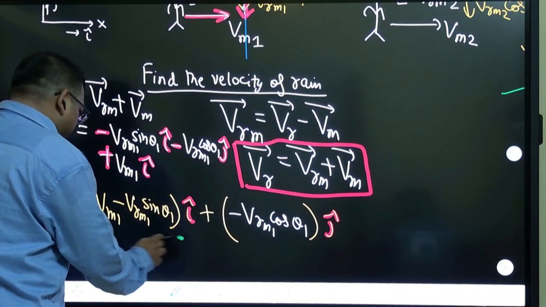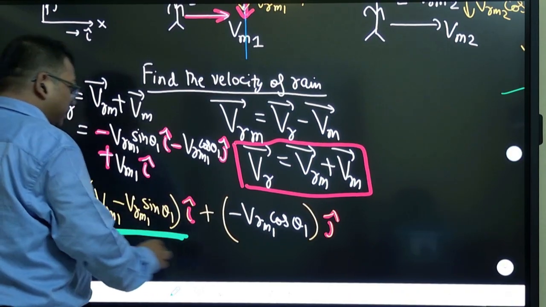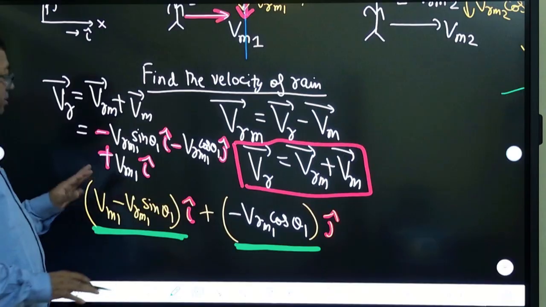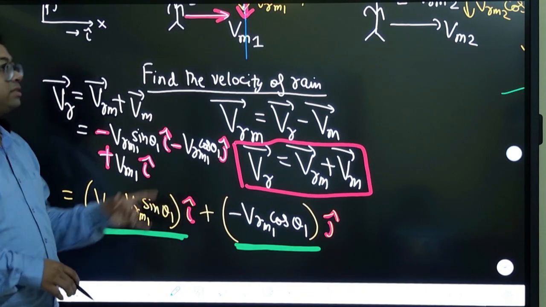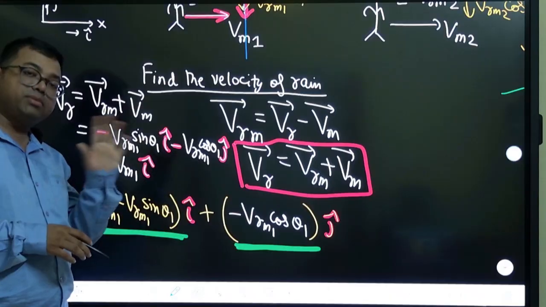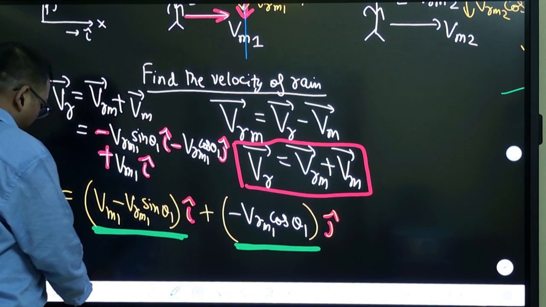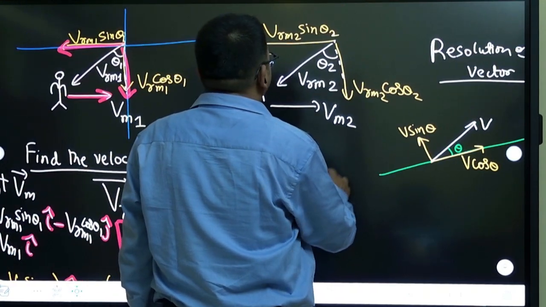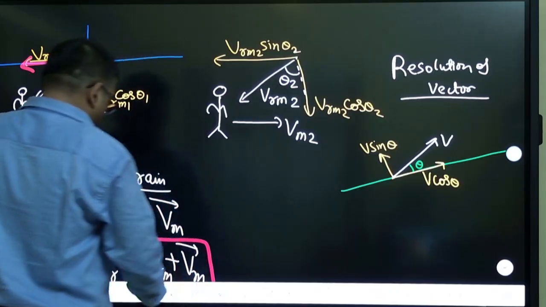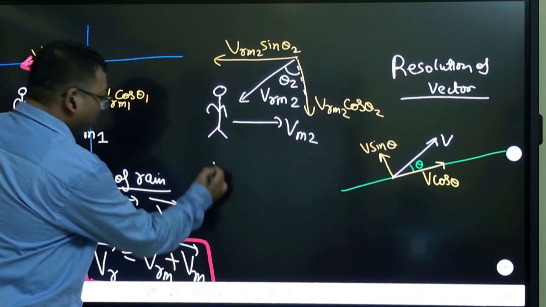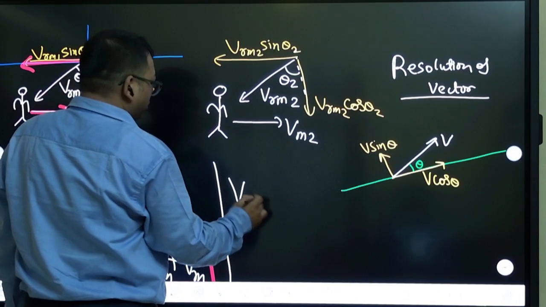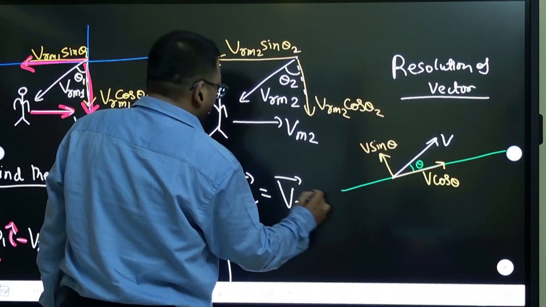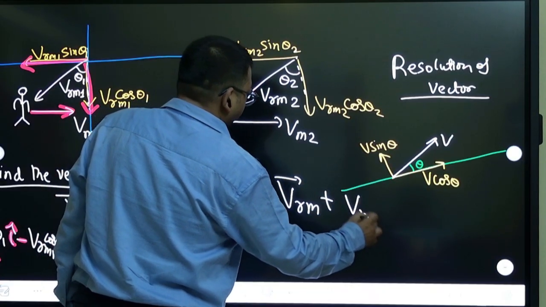First highlight this. This is the x component and this is the y component. Now this is not going to change because this is the velocity of rain. Similarly, we will calculate the velocity of rain from the second figure. This is the second figure. So velocity of rain is equal to velocity of rain with respect to man plus velocity of man.